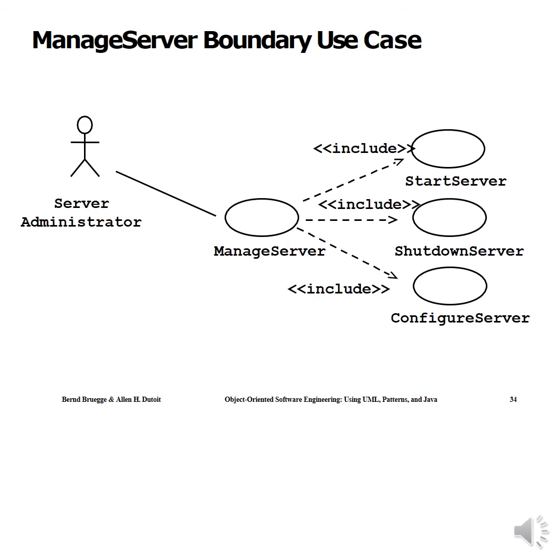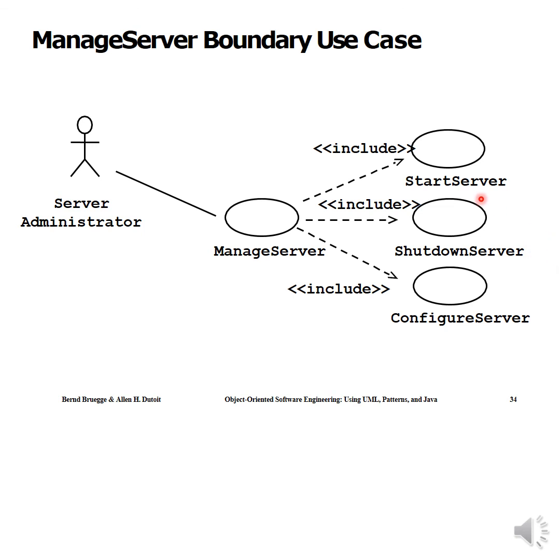In the example that we are discussing, MyTrip, a new use case is added to cover boundary conditions, that is manage server, and it includes start server, shutdown server and configure server. The actor of this use case is the server administrator. The description of the start server boundary use case is given in the next slide.